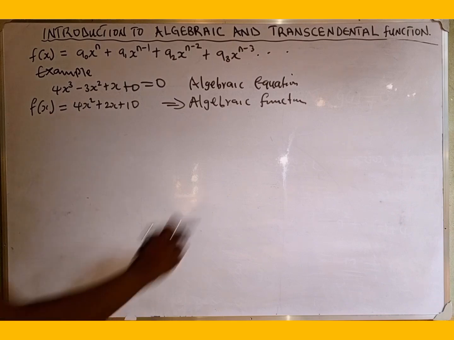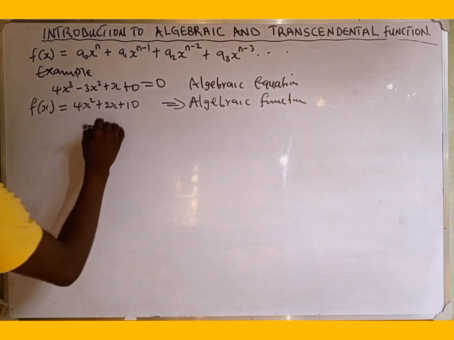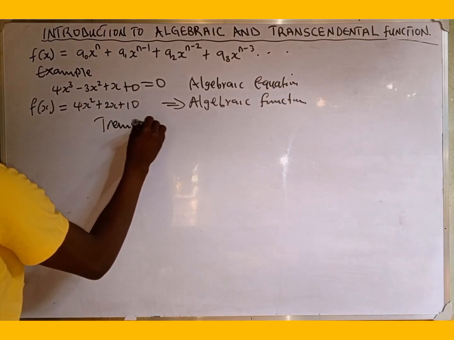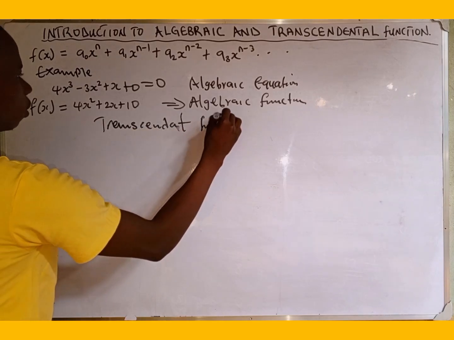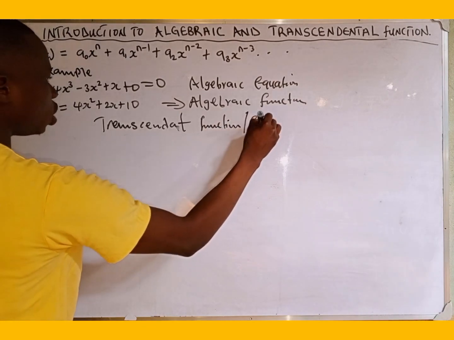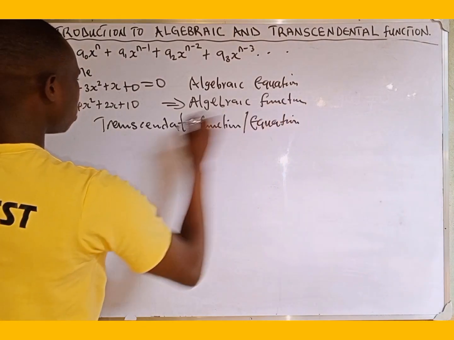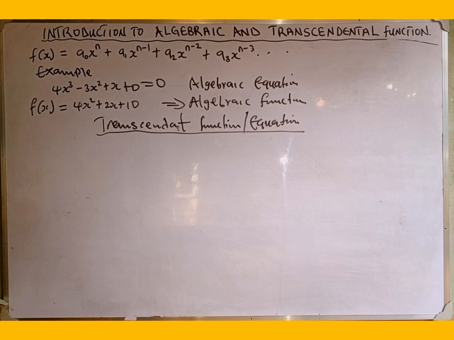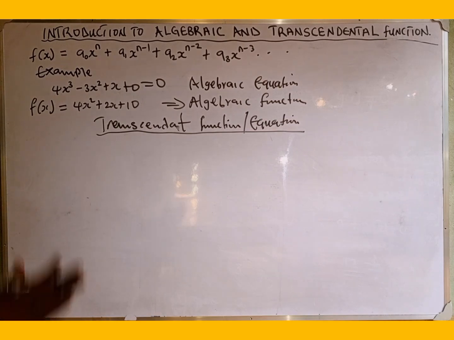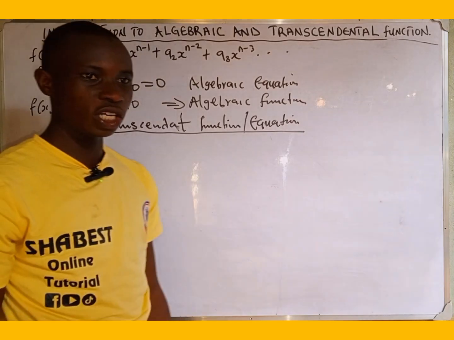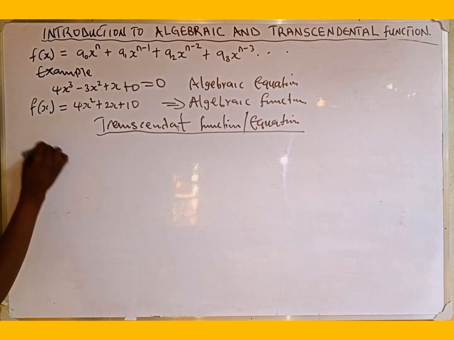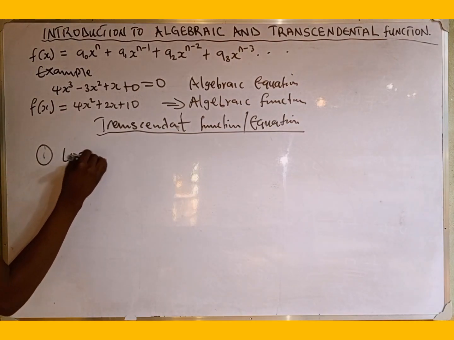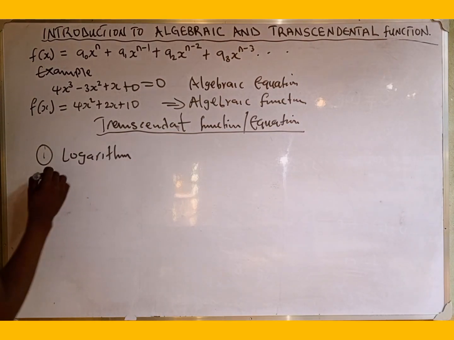So let us go to transcendental function. Transcendental function or equation. We're going to look at two examples of transcendental function or equation. It is any equation that contains logarithm, exponential, or a trigonometric function. Number one, logarithm.